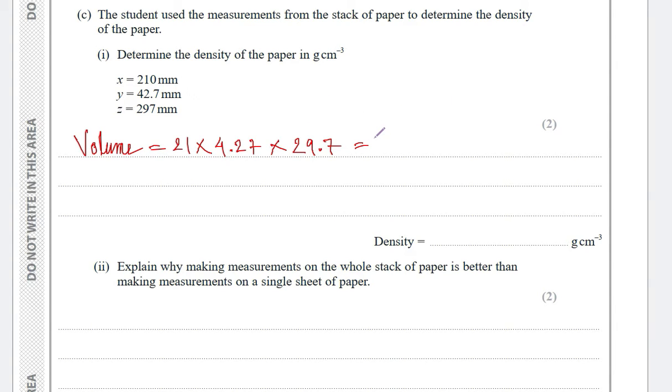I'm looking at my calculator right now, and the value I got is 2663. You might be wondering, why do I have to give my value in, let's say, 4SF? This is cm cube, right? That's because if you look at these values, all of these are in 3SF, right? And this tells you that most of the values are in 3SF.